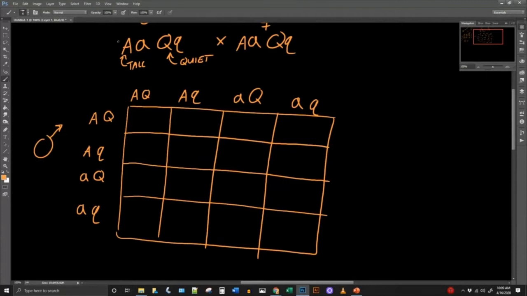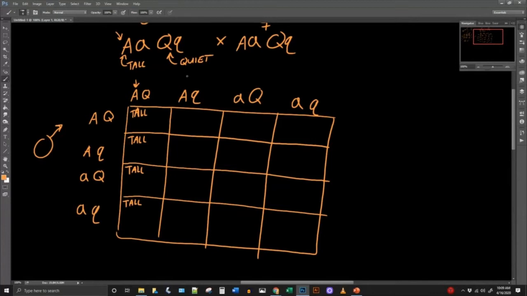Well, any individual with this dominant gene is going to be tall, right? So what do we got? Tall here. Tall. In fact, anyone in this first column is going to get this dominant allele, right? So all of these are going to be tall in terms of phenotype.